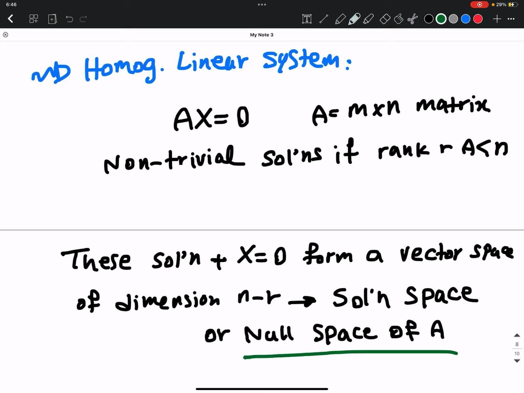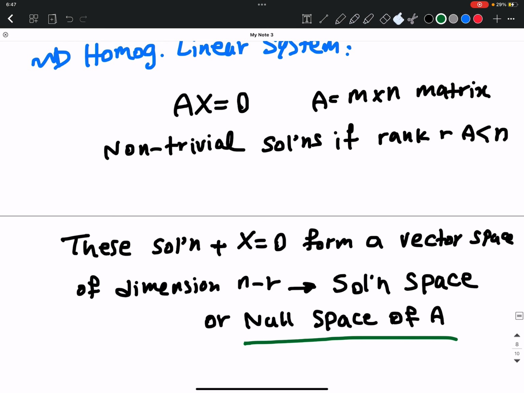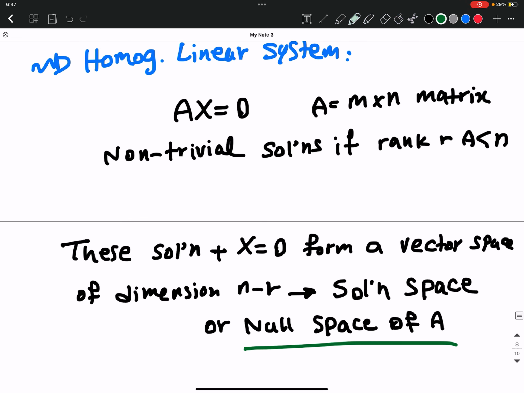Okay, so if you hear this, what is the null space of A, we mean the solutions to this system AX equals 0. And we can show that the rank of A plus the nullity of A, or the dimension of the null space of A, equals n.